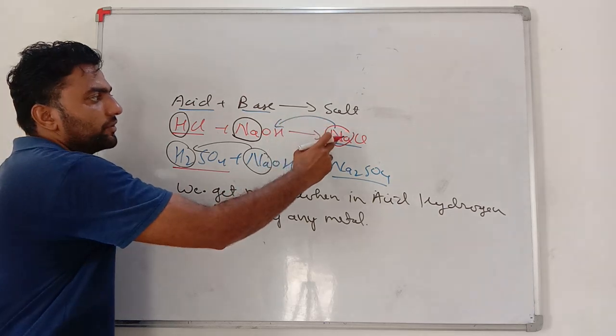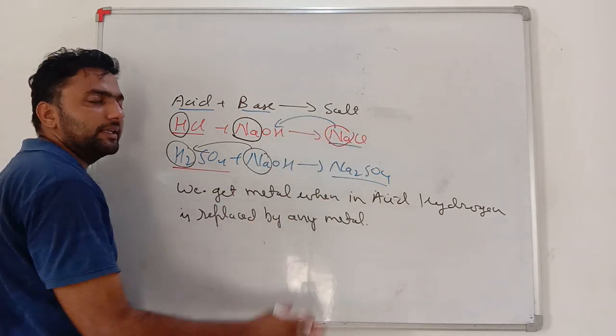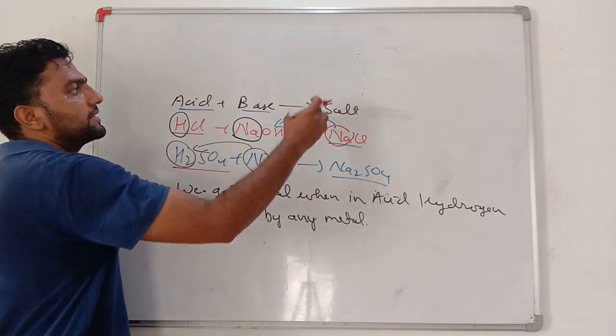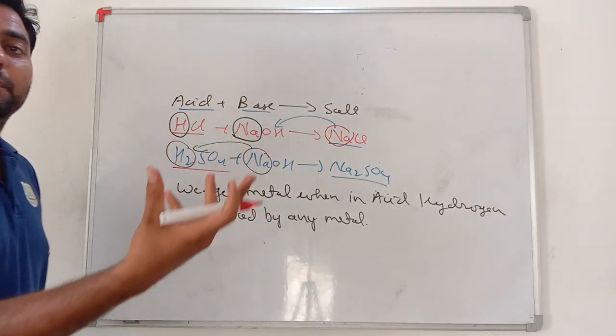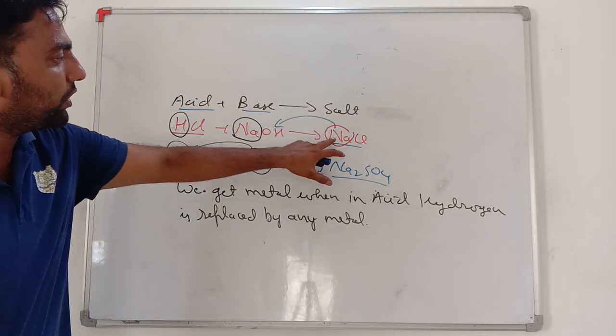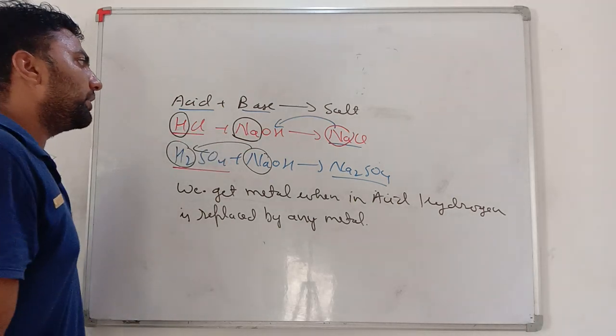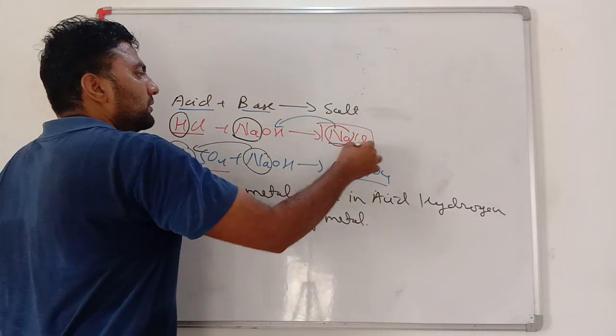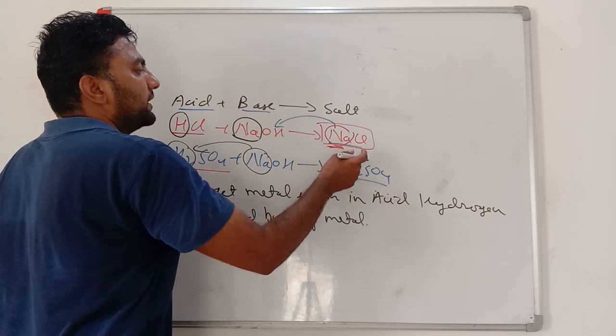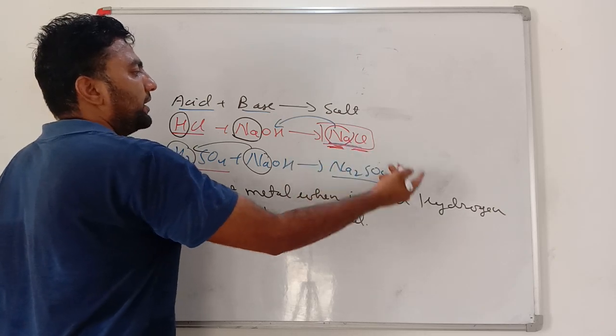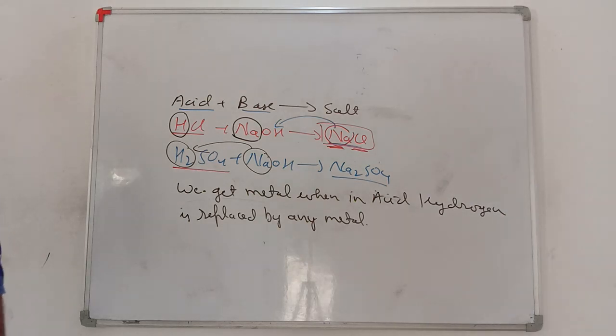So if we put hydrogen in the place of the metal, we get the acid, and if that metal is combined with OH, then we get the base. So even from the salt we can find the parent bases and acids. Very important: in a salt, the metallic part is written first and the non-metallic part is written later on.